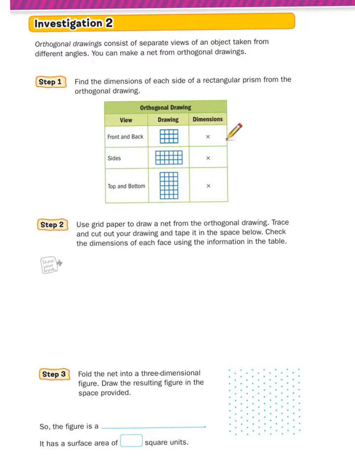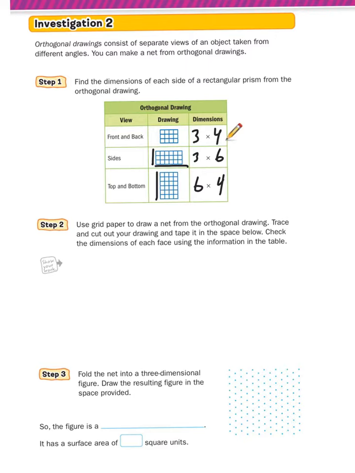So think of this as a box. The front and the back are this size. So if we're looking there, I see 3 going this way and 4 going this way. So this would be a 3 by 4 rectangle. The sides are 3 by 6, and the top and bottom are 6 by 4.